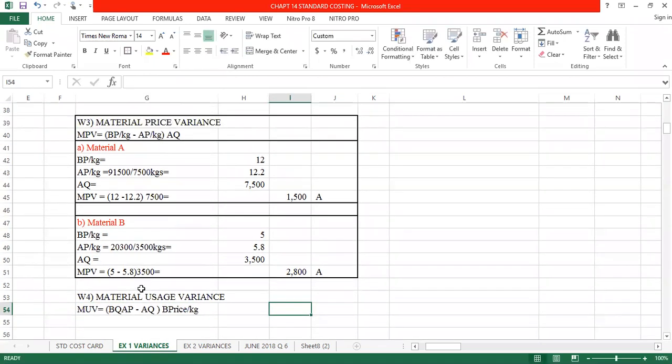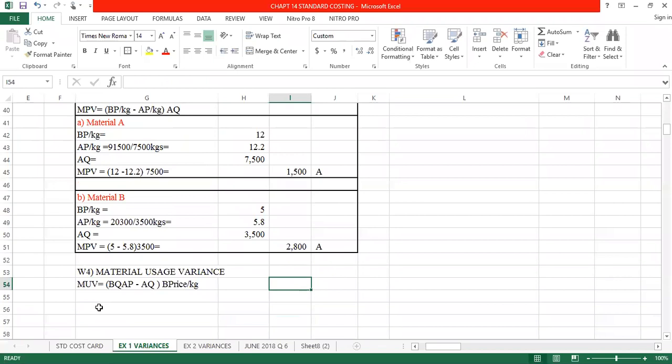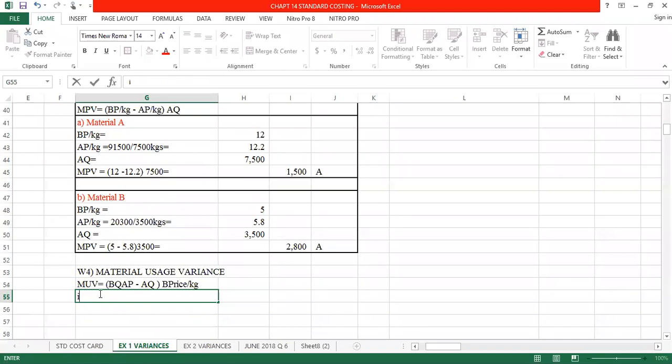So we will start with material A. Let's get the BQAP. BQAP, we said, is budgeted quantity per unit times actual production units.